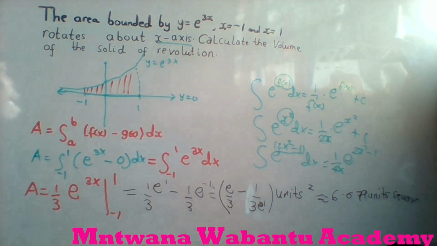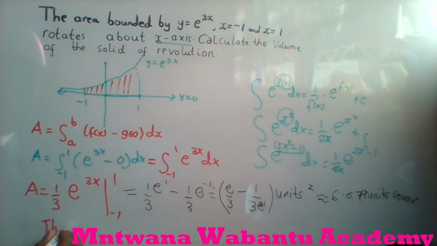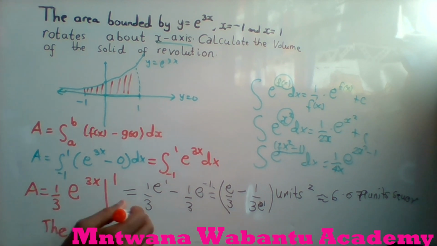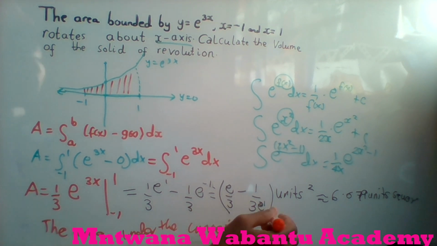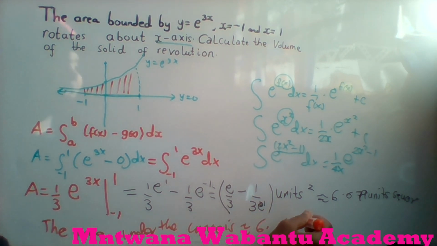So this is the area under the curve, which is 6.679 unit square.